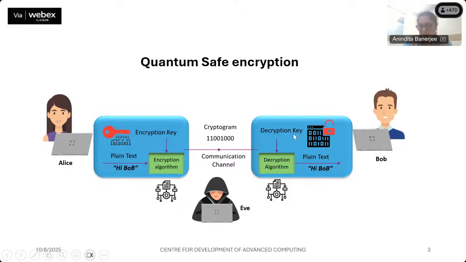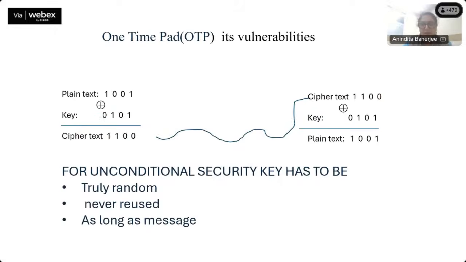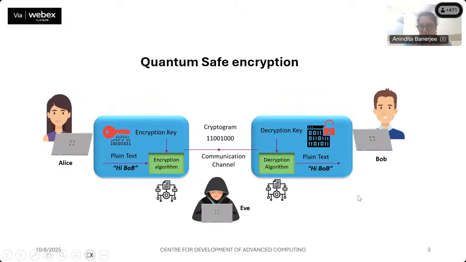Okay, so now one has to send the key from one place to the other, and there lies the challenge. Now, when we are discussing this particular encryption algorithm, the one-time pad, before that, let me tell you that in today's world, the encryption and decryption algorithms are announced publicly.